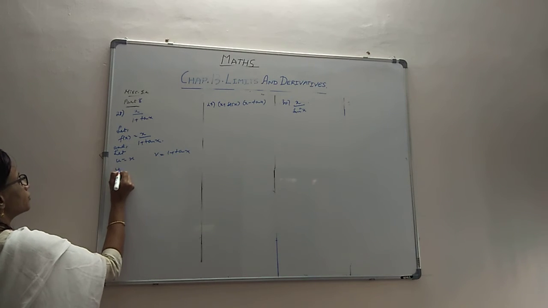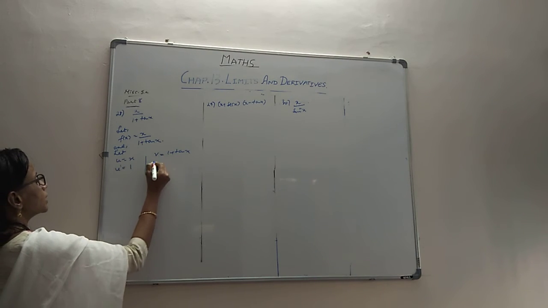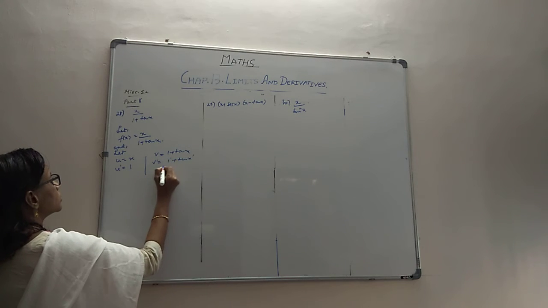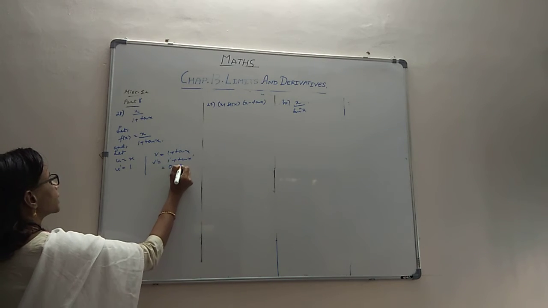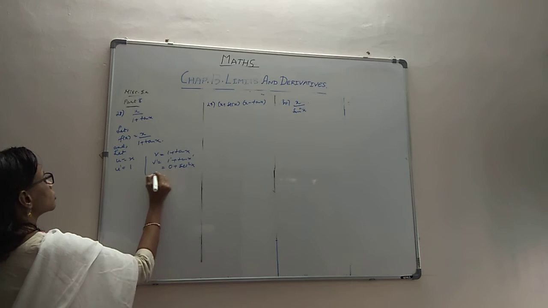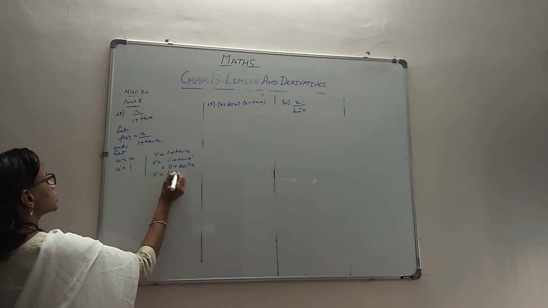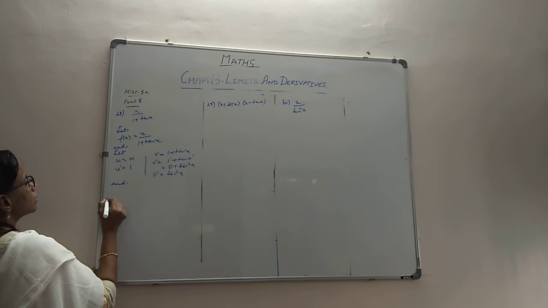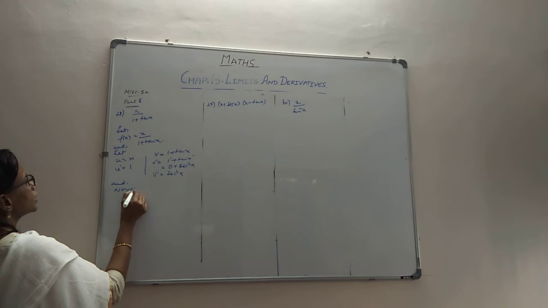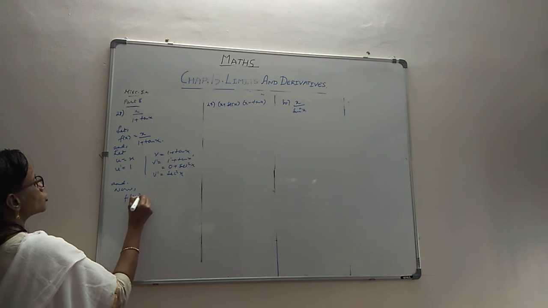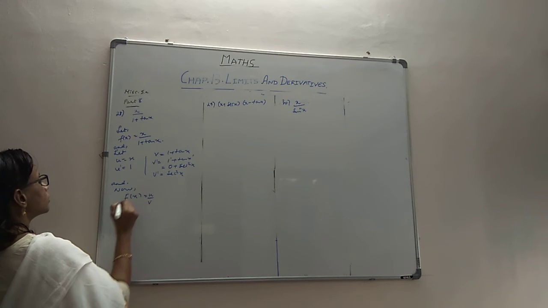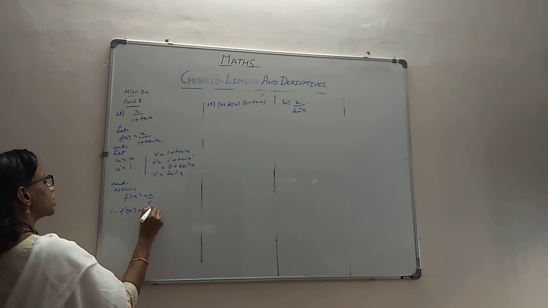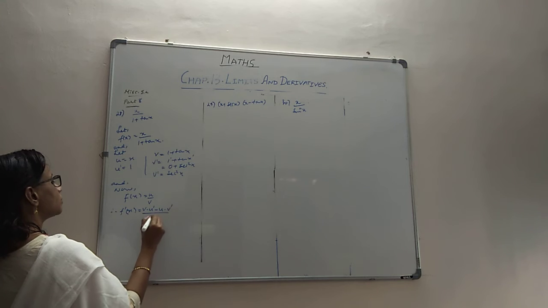So you have your derivatives. The derivative of x is always 1, and the derivative of v is the derivative of both the terms. So the derivative of 1 is 0, and the derivative of tan x is sec squared x. So you have the derivative of v as sec squared x. Now if you are taking f of x as u by v, then we'll have f dash x as v into u dash minus u into v dash by v squared.